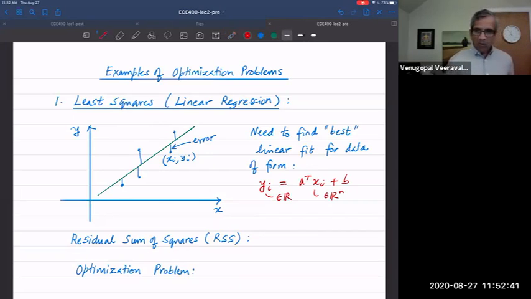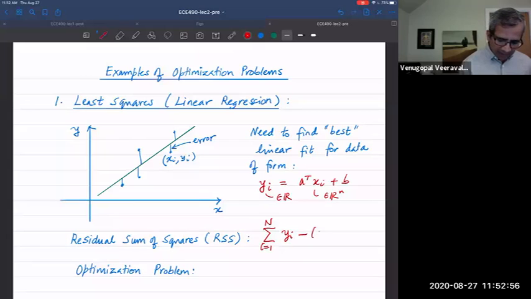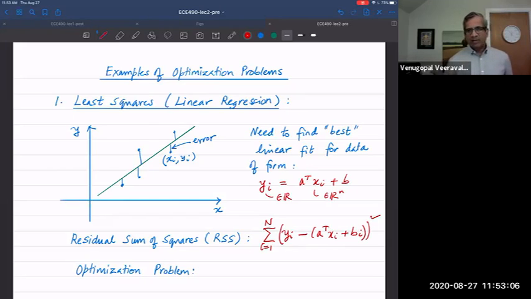Okay, and so we can form what's called the residual sum of squares. That's one way to measure error. You sum up over all the data points yi minus (A transpose xi plus b), and then you take the square of that. This is the residual sum of squares, so basically it's the squared error.